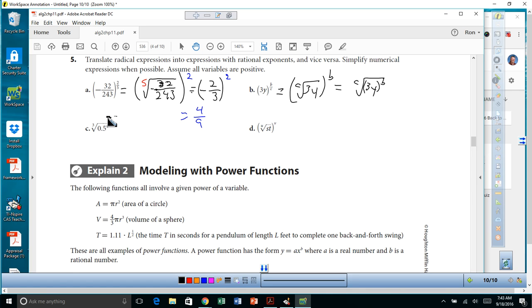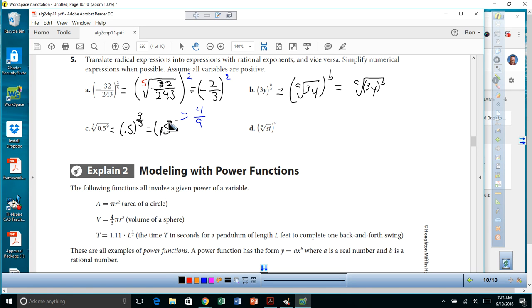Now, here's another example where rational exponents come in pretty good. This is the cube root of 0.5 to the 9th power. So let's rewrite this as 0.5 to the 9 over 3.